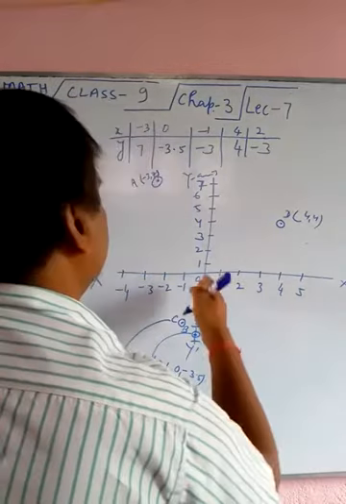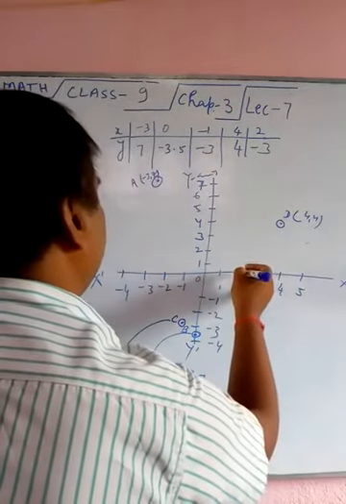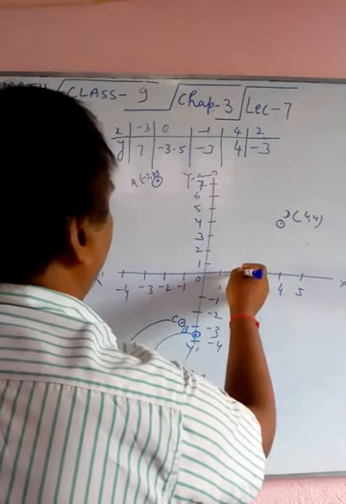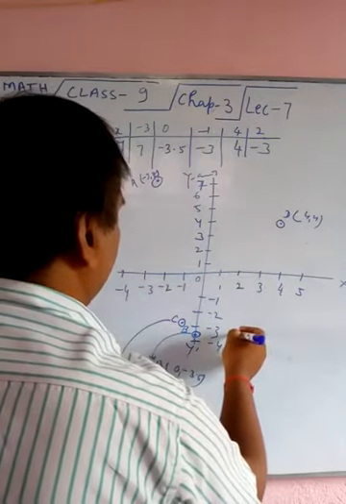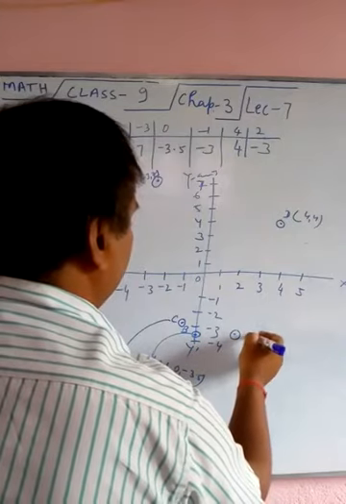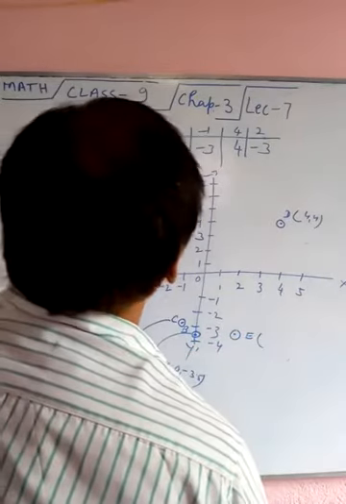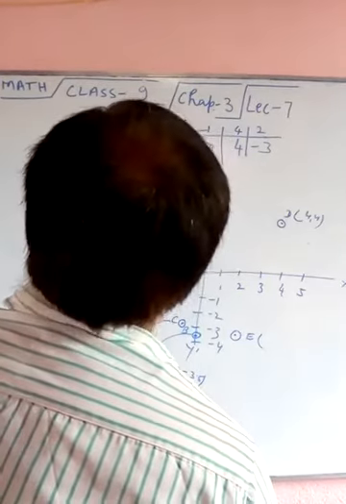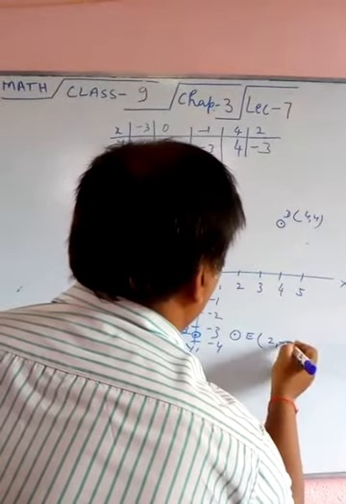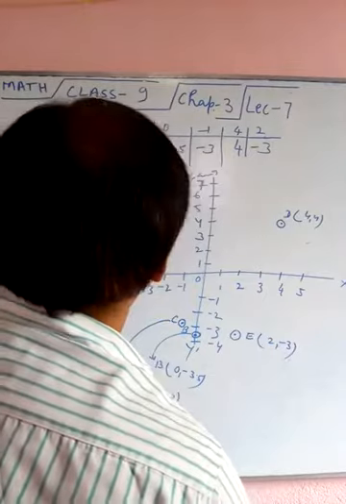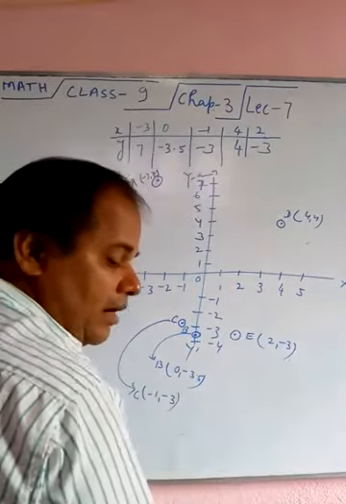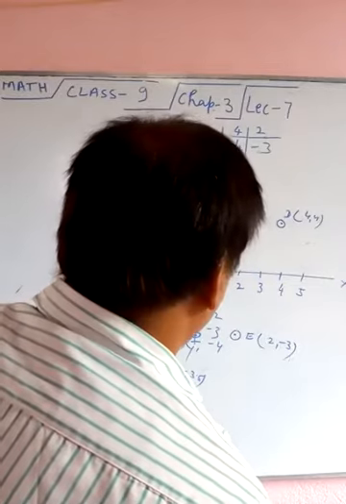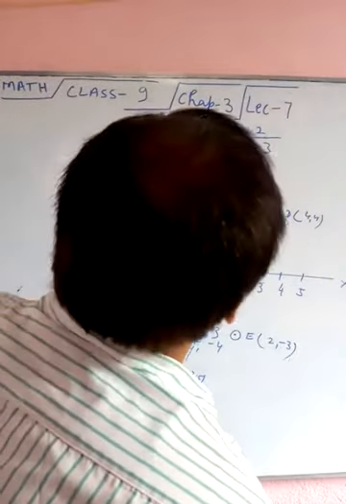So we go in the positive direction of the x-axis till 2, and the negative direction of y till -3. So this point we will write here E, and the coordinates of E are 2 and -3. So these are the plotting of points A, B, C, D and E on the Cartesian plane.